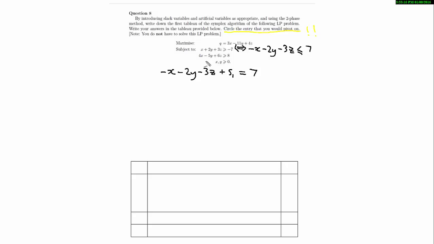Okay, now for our second constraint, we have 4x minus 5y plus 6z. And because we have a greater than or equal to sign this time, we need both a slack variable and an artificial variable to help us get this sign into an equal sign.